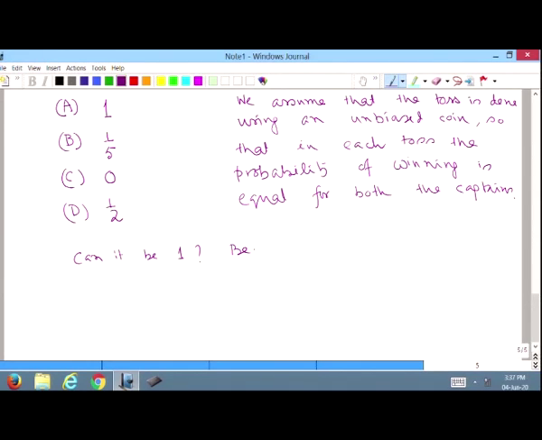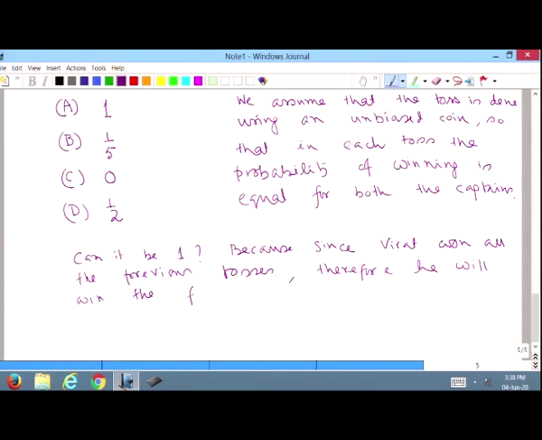Can it be 1? Because since Virat won all the previous tosses, therefore, he will win the fifth toss.